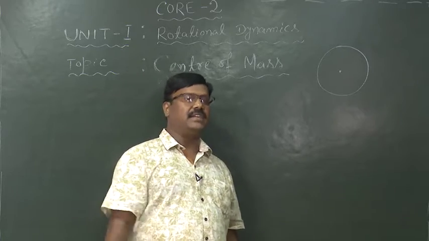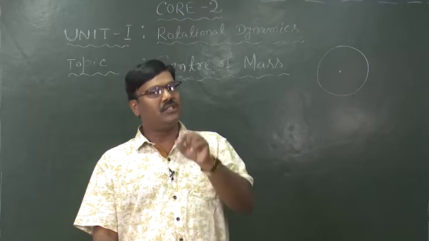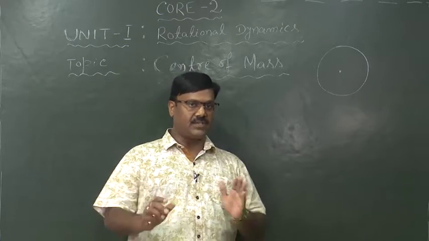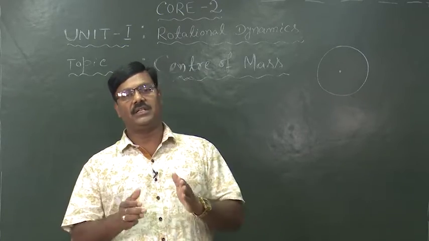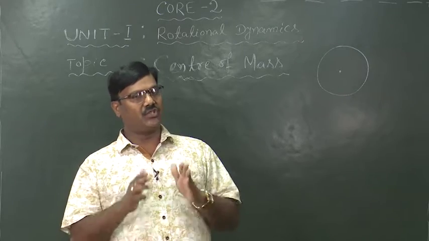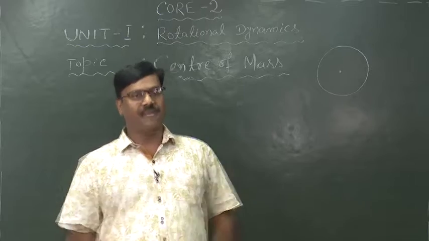But in case of center of mass, the whole mass of the body is supposed to be concentrated. That is why center of mass is different from center of gravity. But every body has its own center of mass and center of gravity.